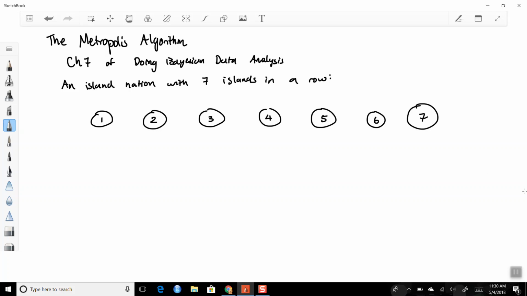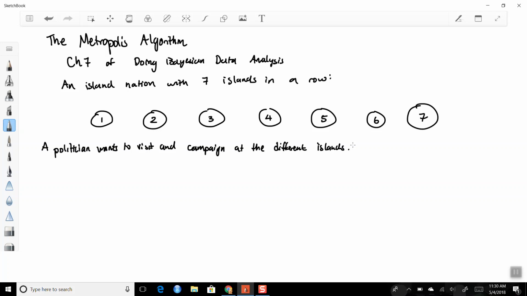All right, so we've got these 7 islands, and let's say there is a politician who wants to make campaign visits and hold campaign events at the different islands, right? He wants to visit each island in proportion to the population of the island.